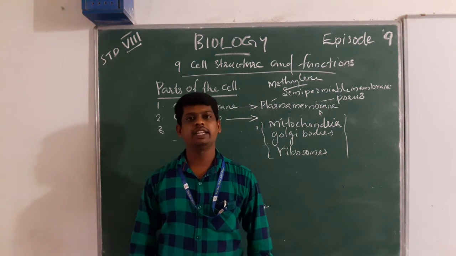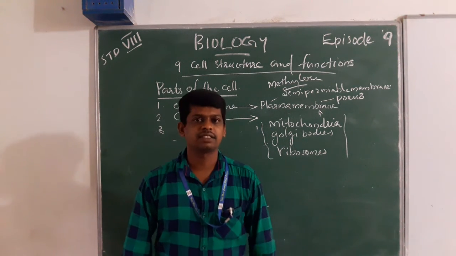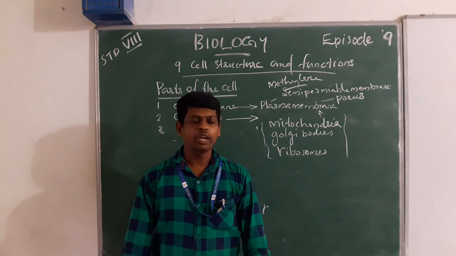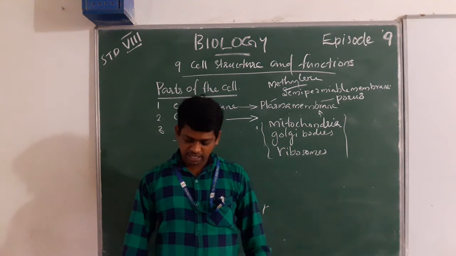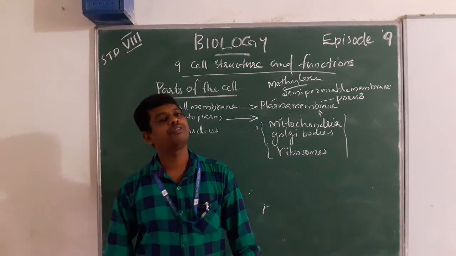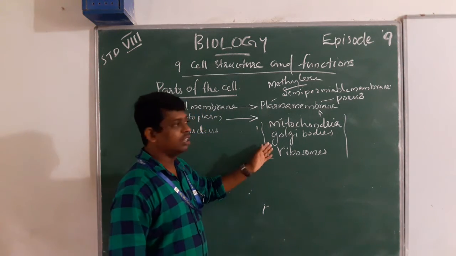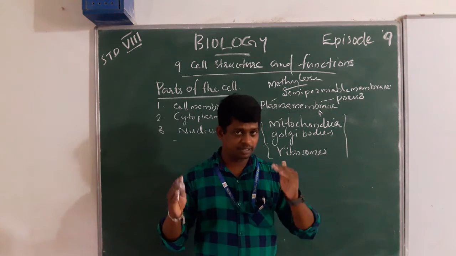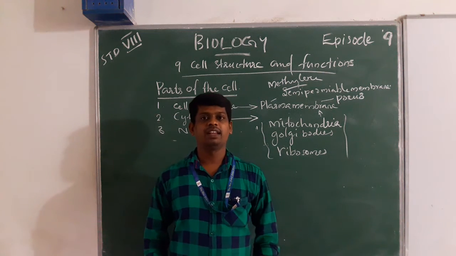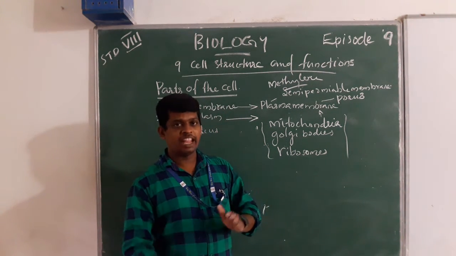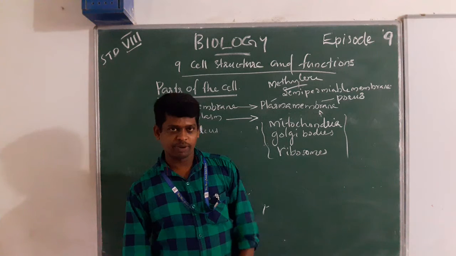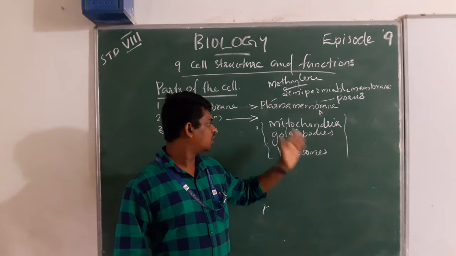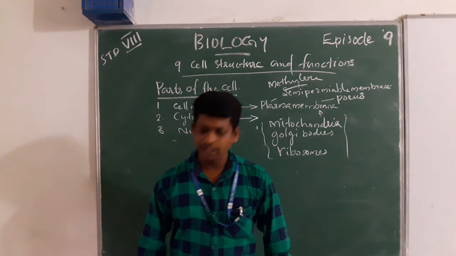Ribosomes are considered as the genetic materials. These are the main organelles of the animal cell, present within the cytoplasm: mitochondria, Golgi bodies, ribosomes, and so on.